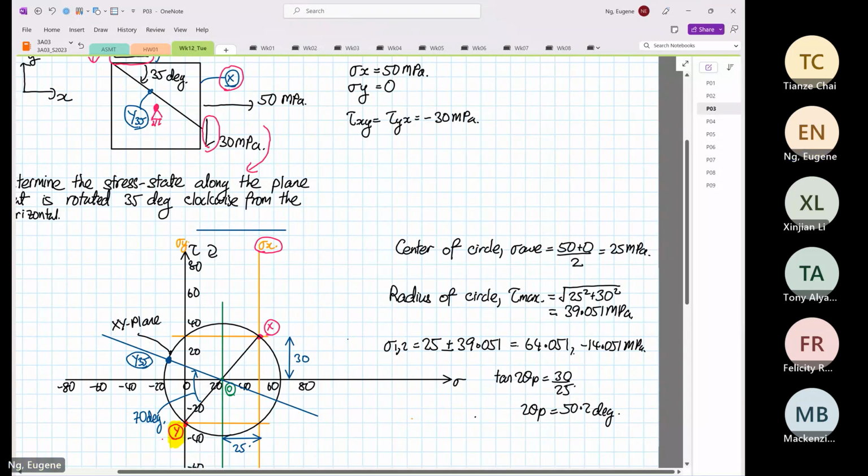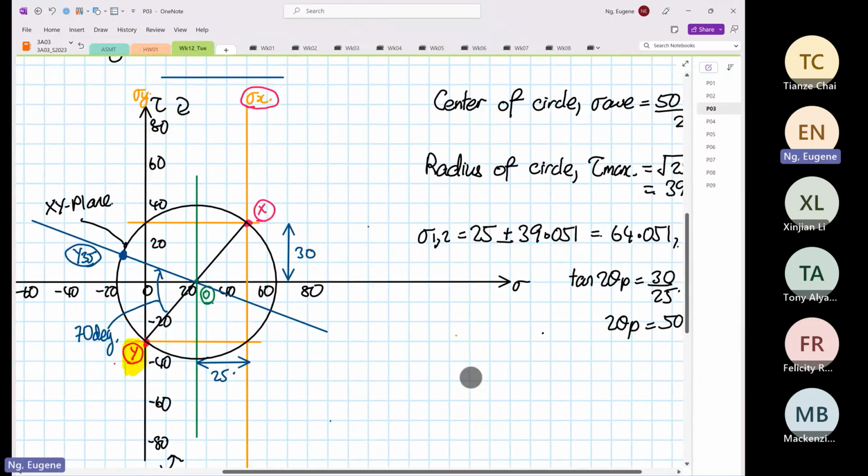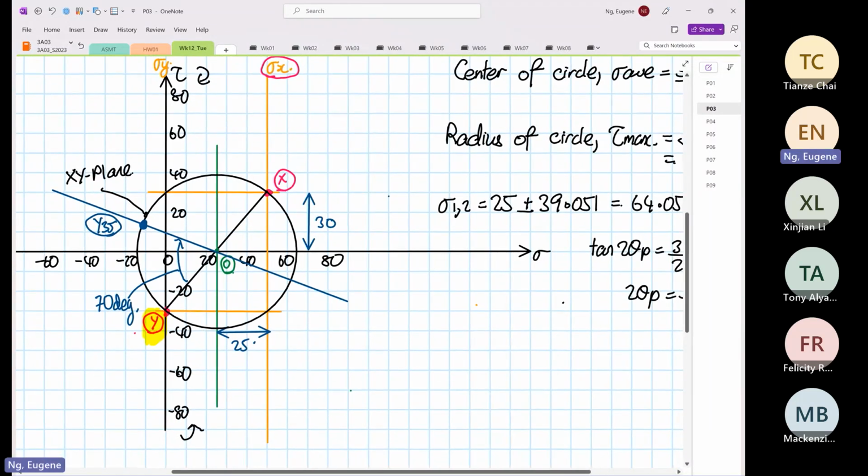So now we have to find, if you look at this point over here, it's defined by two coordinates, right? Stress Y35 and shear Y35.